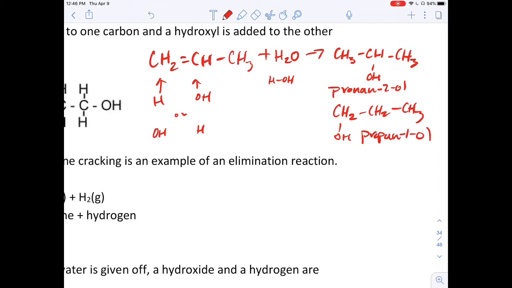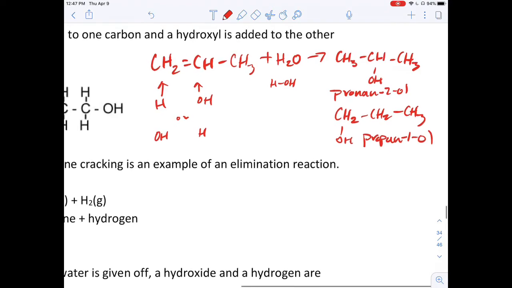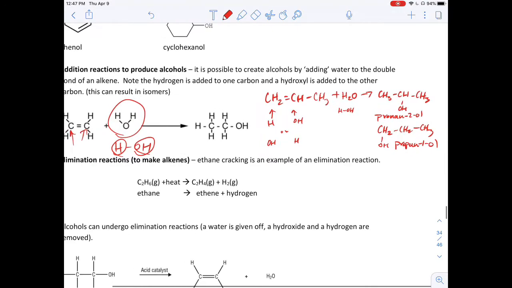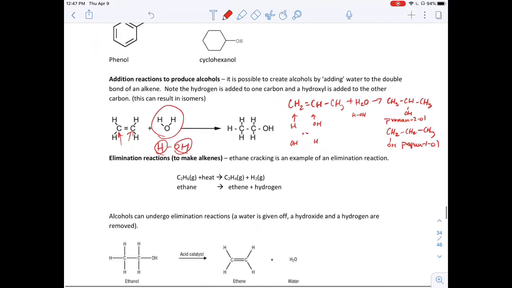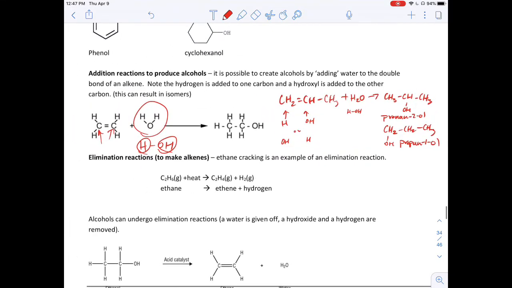And so just kind of like when we were doing an addition with a hydrogen or an alkyl halide, so like hydrogen bromide or hydrogen chloride, where you get this asymmetrical molecule being added on, we have the same thing happening when we make alcohols using water and addition reactions.